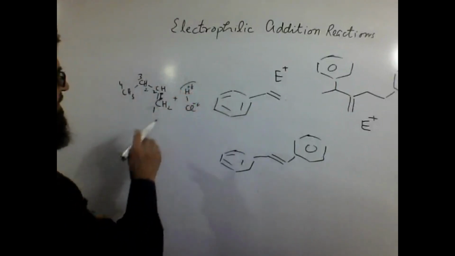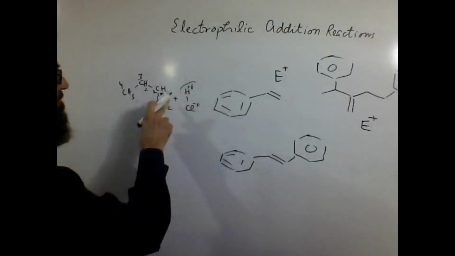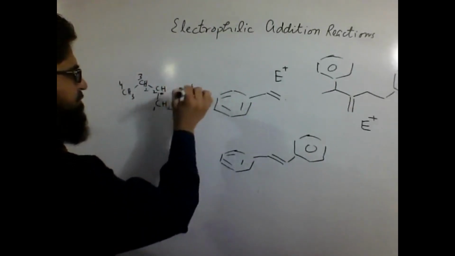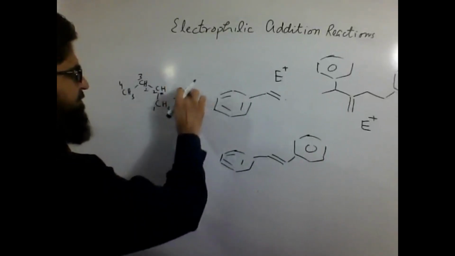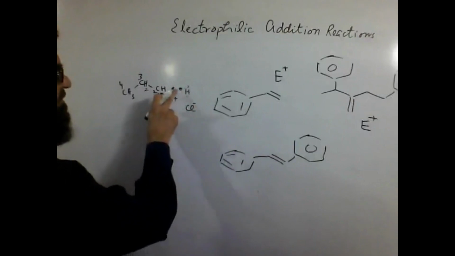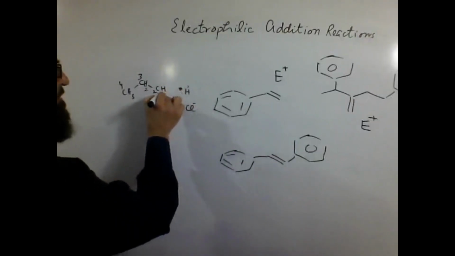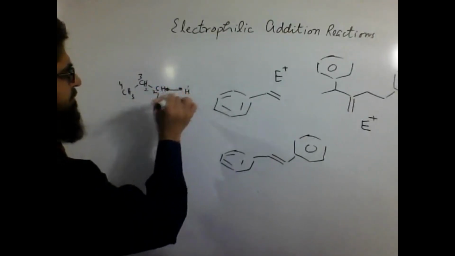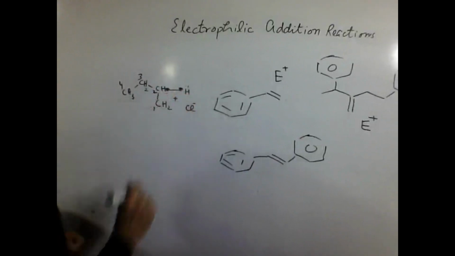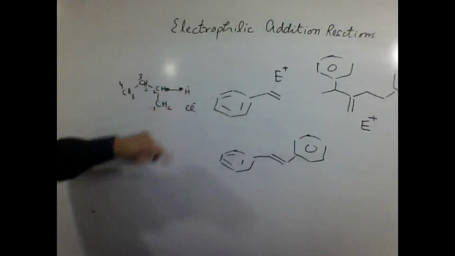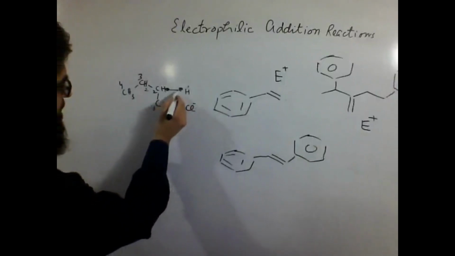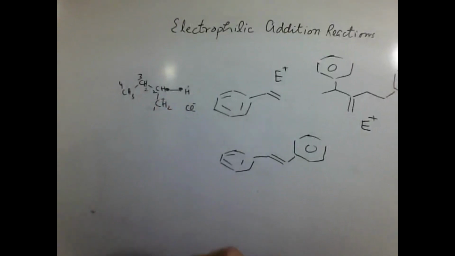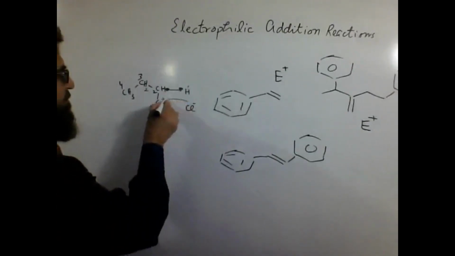So let's see, if we give this electron from the 1, what happens? It will gain the electron, it will become negative, it will become positive. So one of the electrons has been given over here, then what happens? They will make a bond, meaning this carbon and this hydrogen will make a new bond. So you will have a CH2 over here. So what has happened? This carbon has lost one of the electrons, so consequently there will be a positive charge, then this chloride can attack over here.